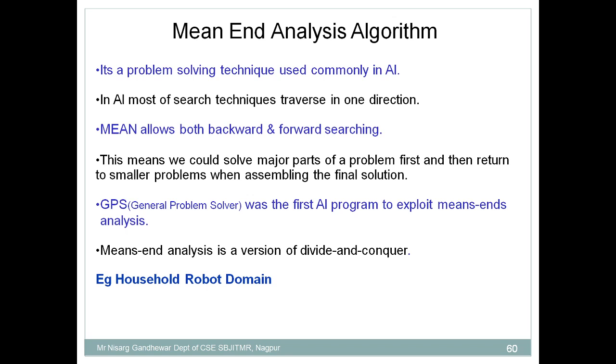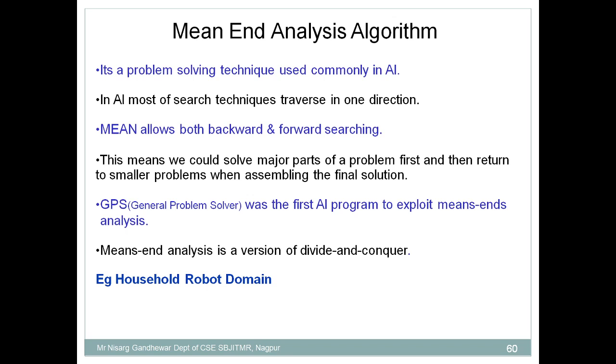That means in this case we need to move in the forward direction as well as in the backward direction. The previous techniques that we have discussed traverse only in one direction, for example in the forward direction, just like in the hill climbing algorithm, simple hill climbing or steepest ascent hill climbing.